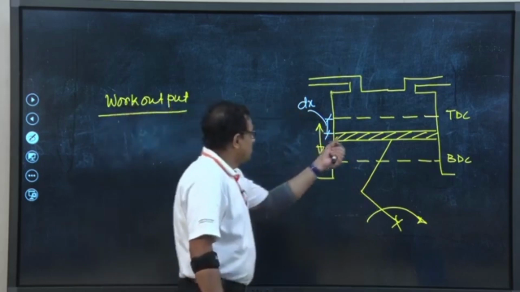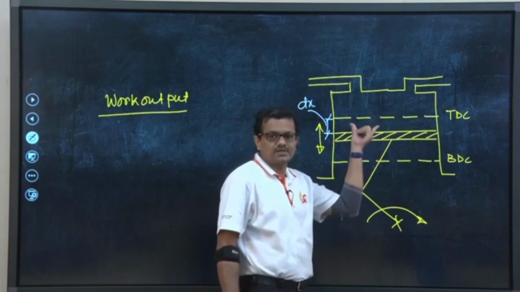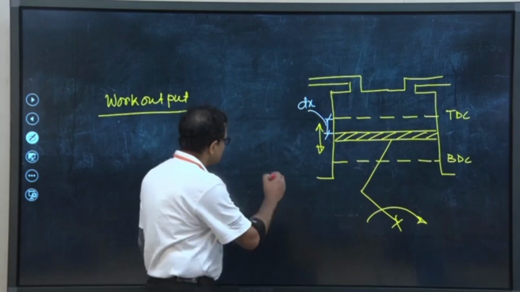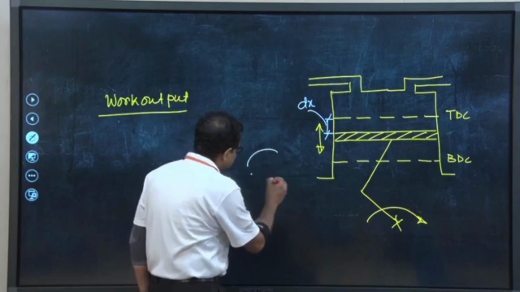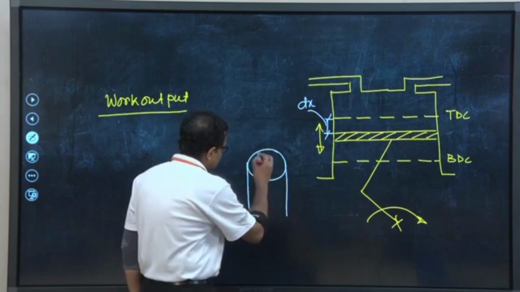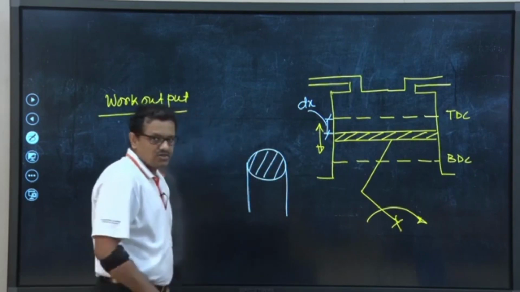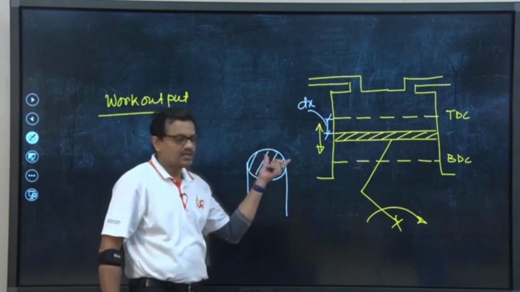You know that the force due to the gas pressure will be acting on the piston face. If we draw the 3-dimensional view of the piston, then the piston face to be precise. So, this is the piston face on which the force due to gas pressure will be acting.